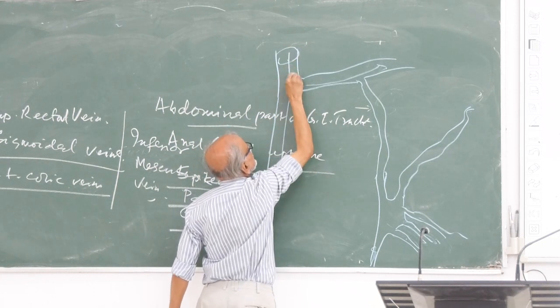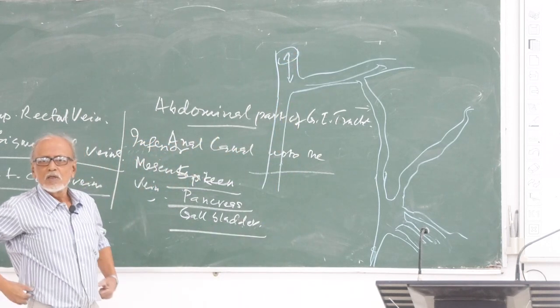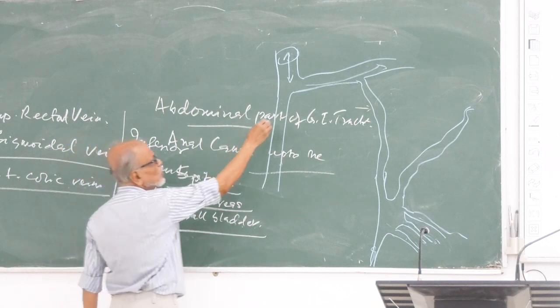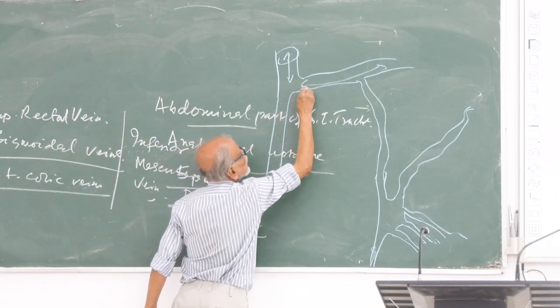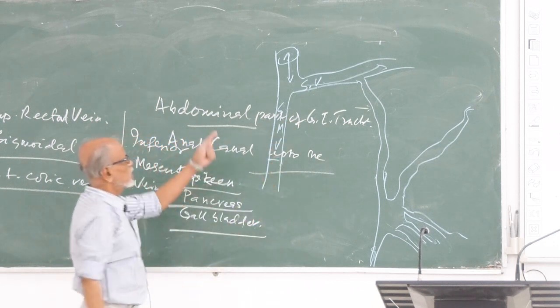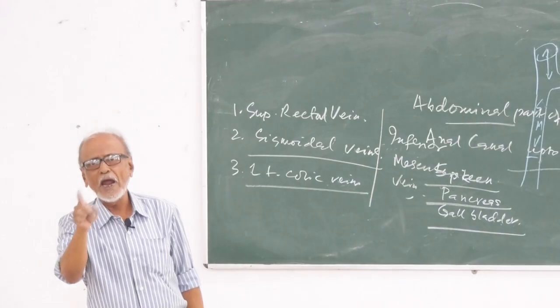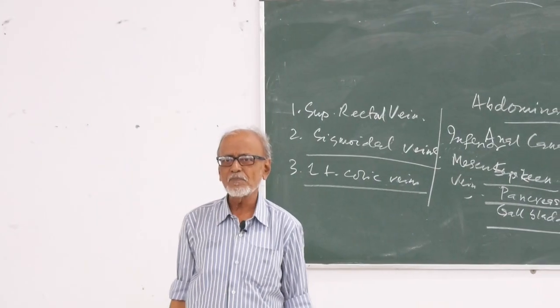This is the trunk of portal vein, a part, trunk. তাহলে formative tributaries of portal vein is splenic vein and the superior mesenteric.